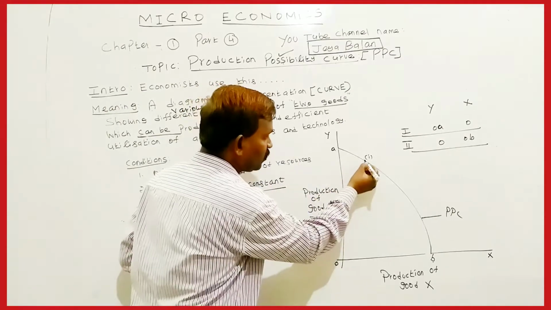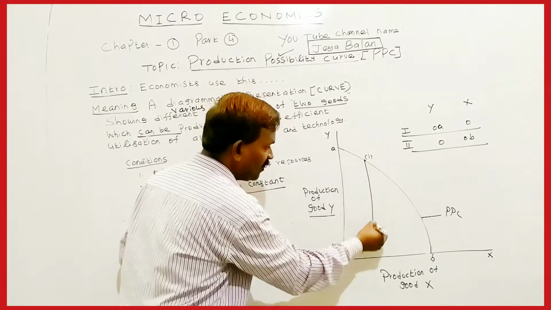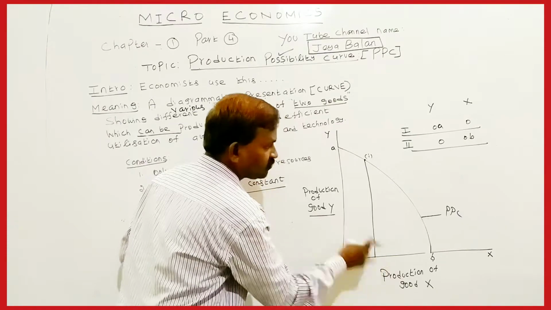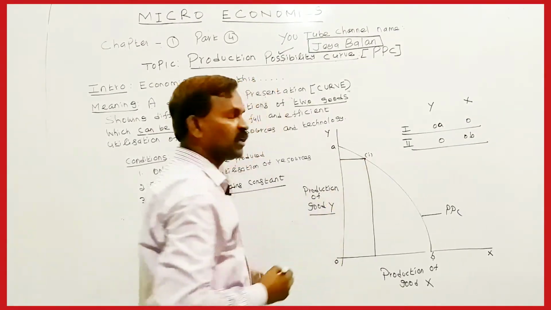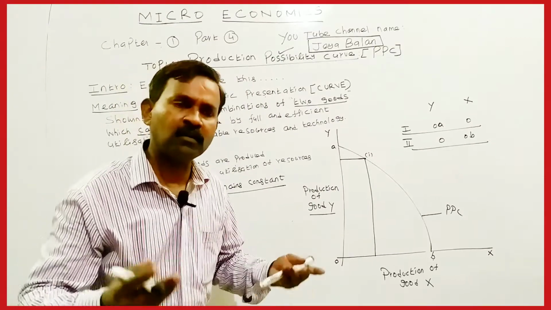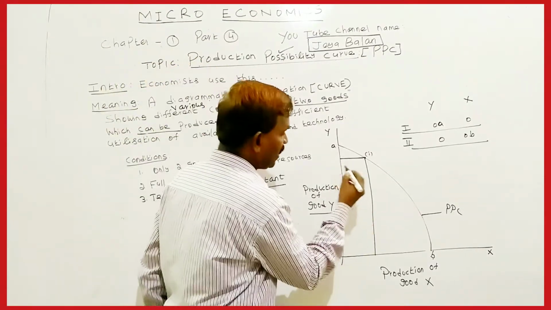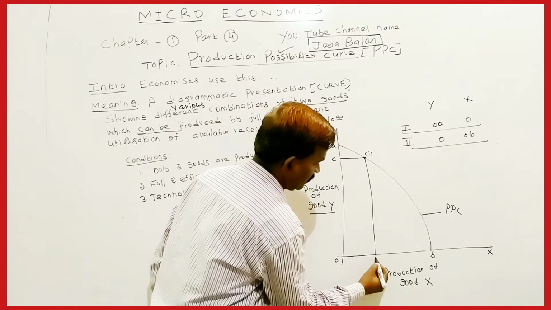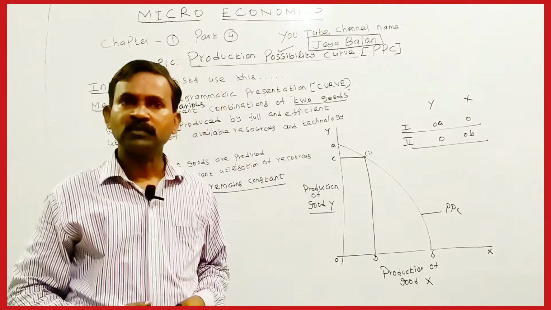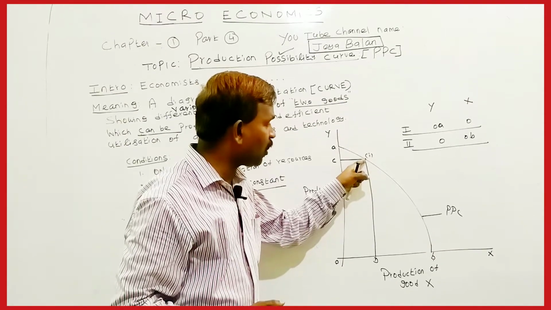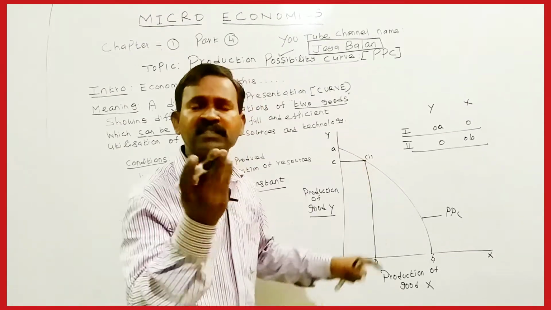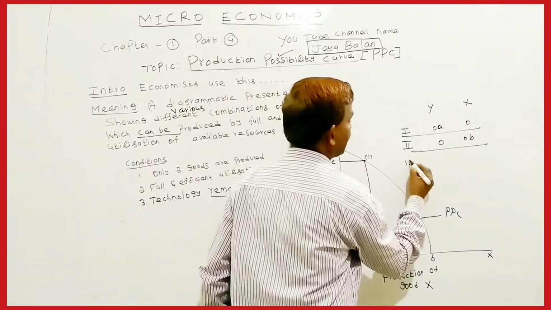It's so simple. You have to draw a vertical line to touch the x-axis and a horizontal line to touch the y-axis. Then you have to name it. Let us name it as CD. So what does this point I have plotted on PPC show? It is another combination.